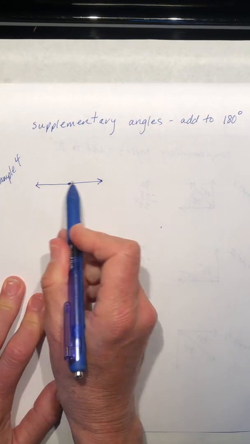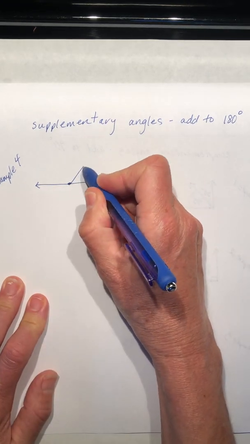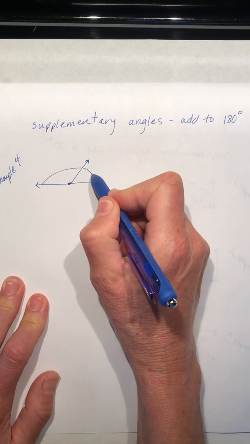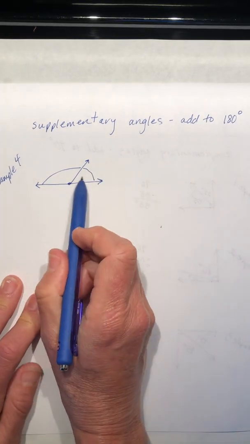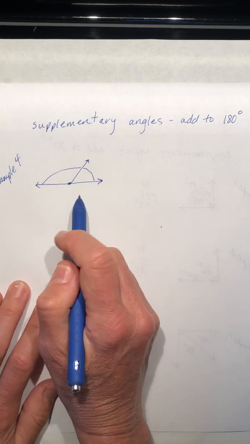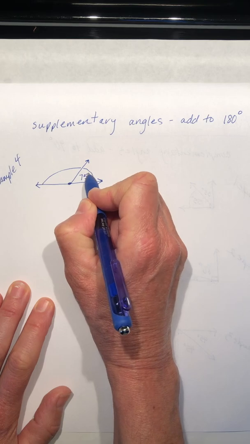So here's a straight angle. It equals 180 degrees. If I stick another ray in there, and I now have this angle and this angle, no matter what their measurements are, they must add up to 180 degrees. So let's say that this one is 75 degrees.